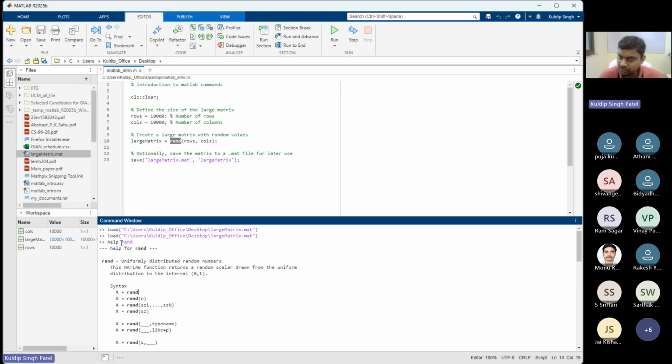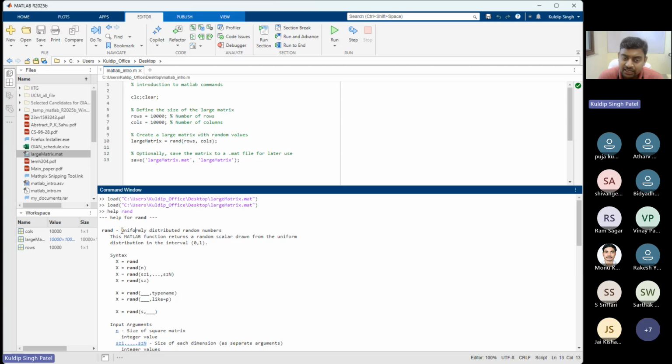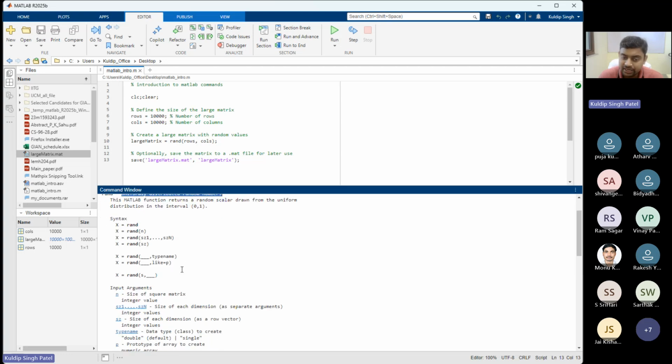That's it. No need to go to Google or ChatGPT to find out what rand is. MathWorks gives this facility. It says that rand gives you uniformly distributed random numbers.